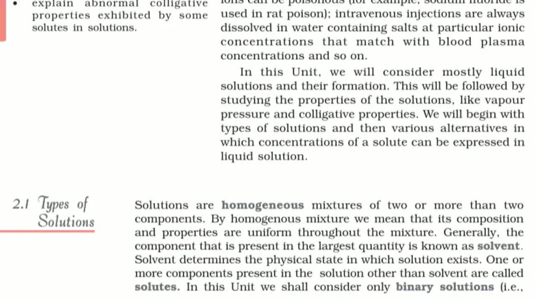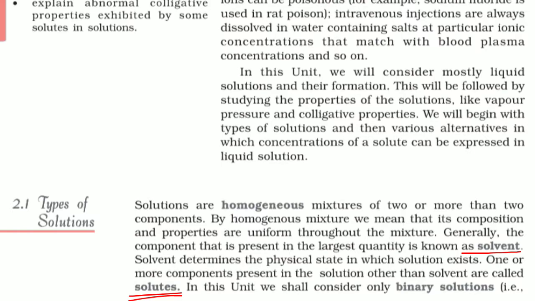Now let us discuss the definitions of solvent and solute. From the above discussion we know that solutions, or homogeneous mixtures, are mixtures of what? Two or more than two components. The component which is in the largest quantity is known as the solvent.